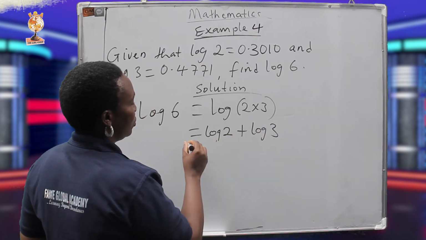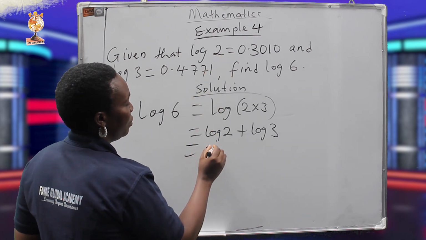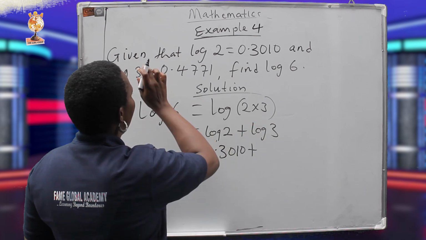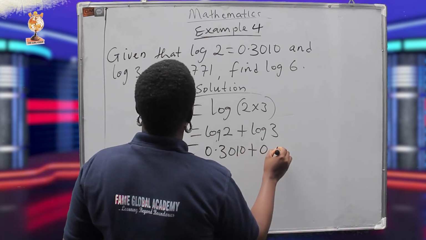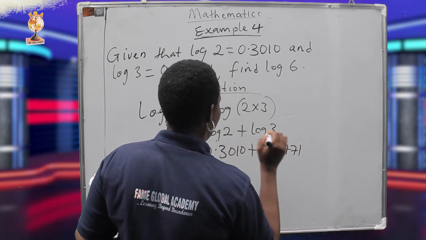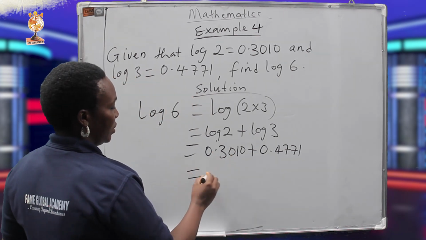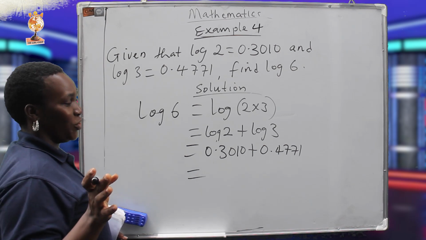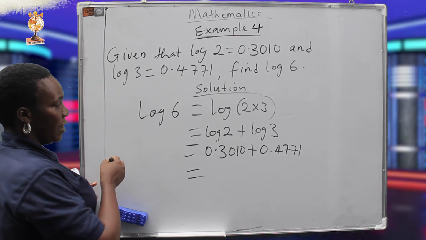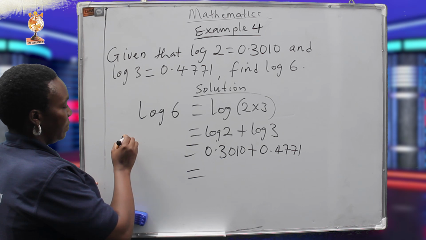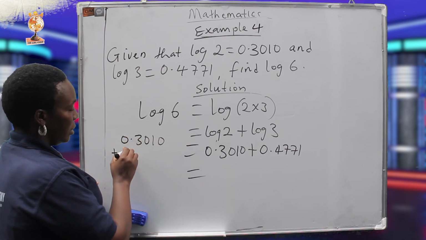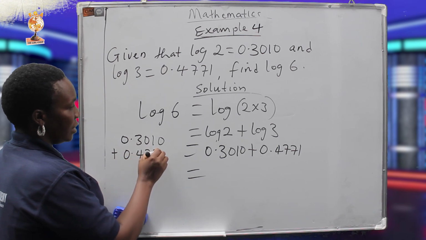Now, what is our log 2? Let's write it down: 0.3010 plus, what's our log 3? 0.4771. So let's add the two together. Students always have issues doing addition of decimal numbers, but you don't have to be afraid of that. This is simply 0.3010 plus 0.4771.